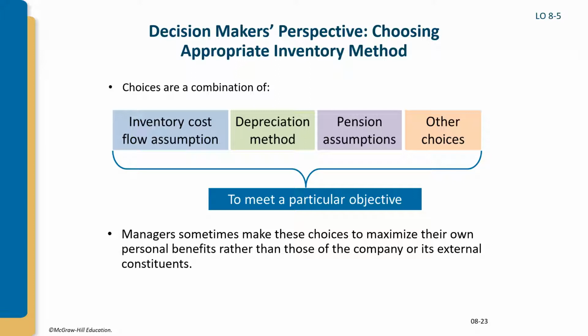So we have a choice on how we remove inventory: average cost, FIFO or LIFO. We have a choice on a depreciation method: straight line, double declining balance, units of production. There's even pension assumptions, which you'll learn about in Intermediate Accounting 3. So usually the item or method is picked because we're trying to achieve a particular financial objective.